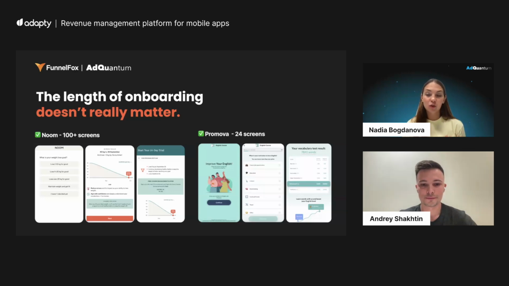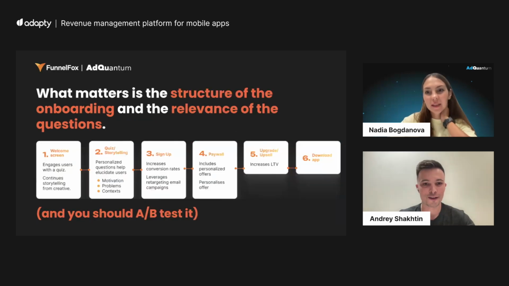You should create value during the funnel, build trust, which is very important, and set the right expectations for the users, and of course, in the end, engage them to buy the subscription. How many steps you need to reach these goals is your call. I think we have a picture of this structure in the next slide. So basically you need to follow the structure.